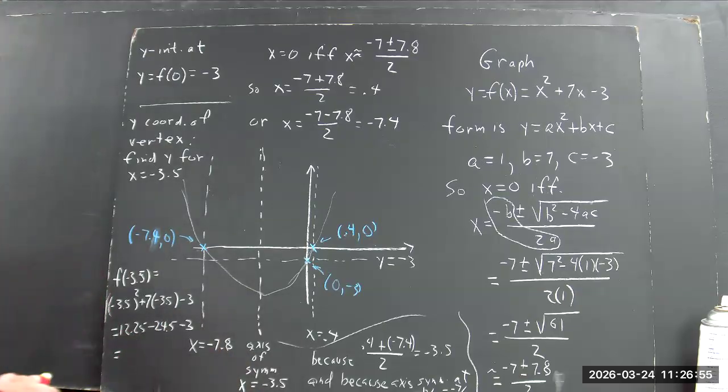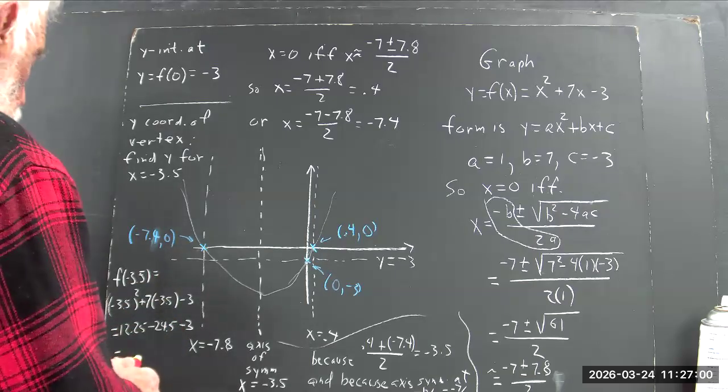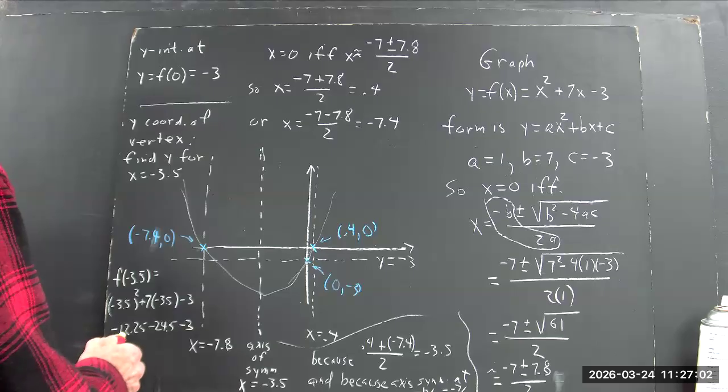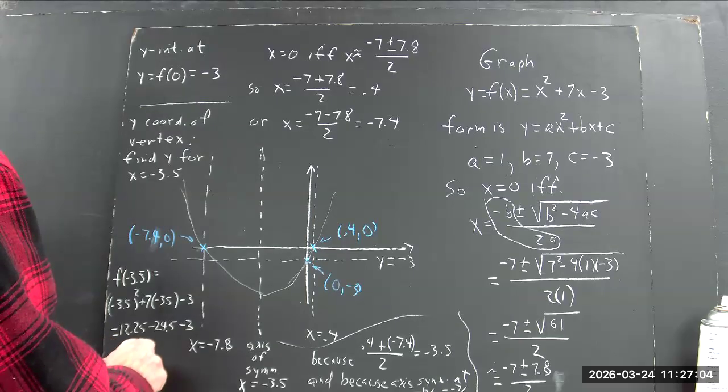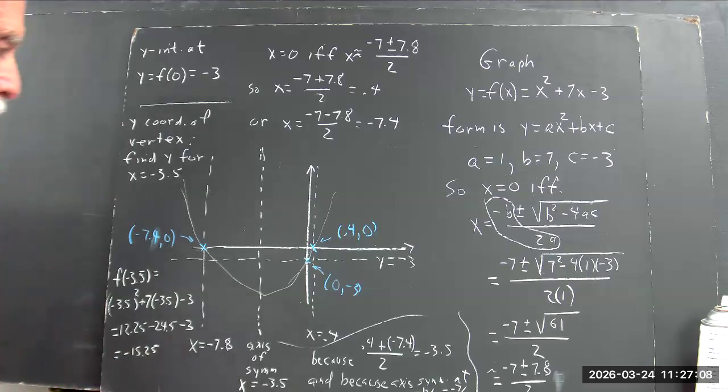You do all that, and you get 12.25 minus 27.5, which is negative 15.25, I think. Okay.